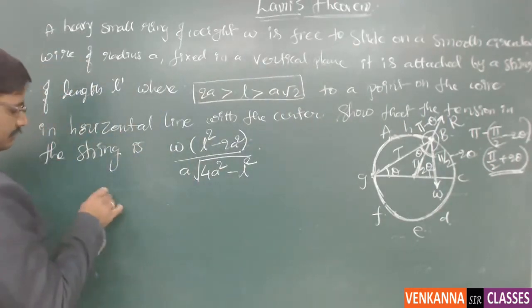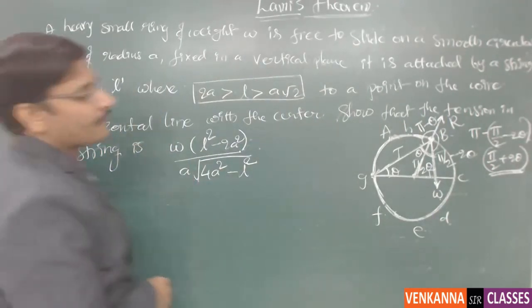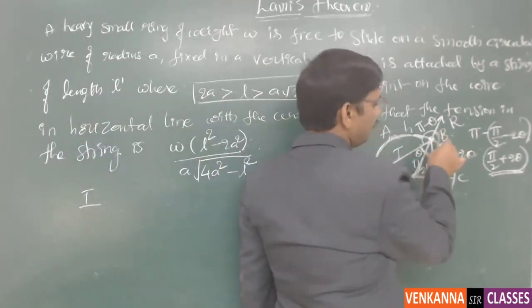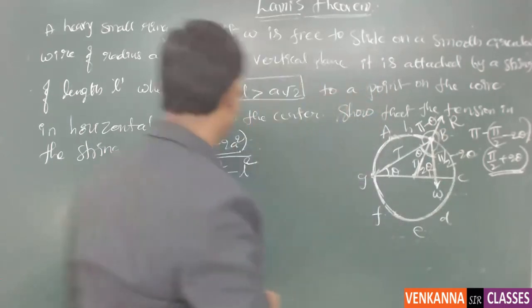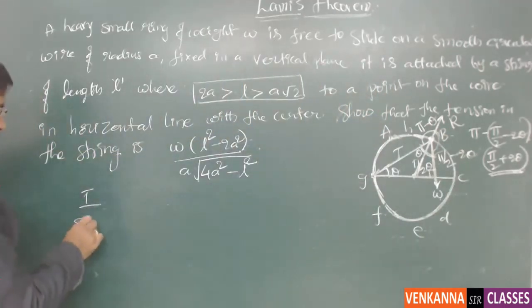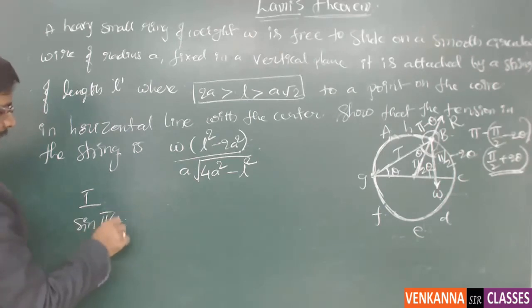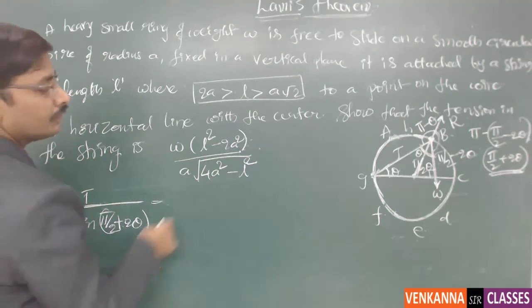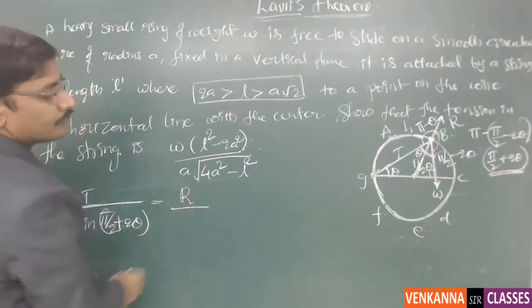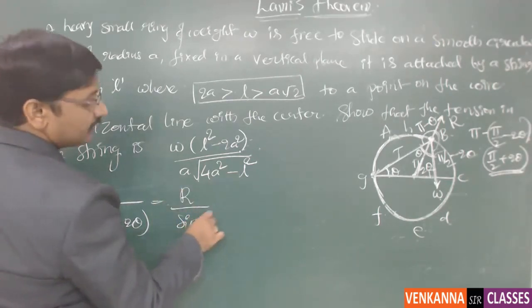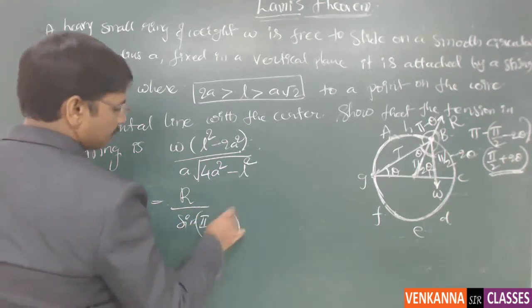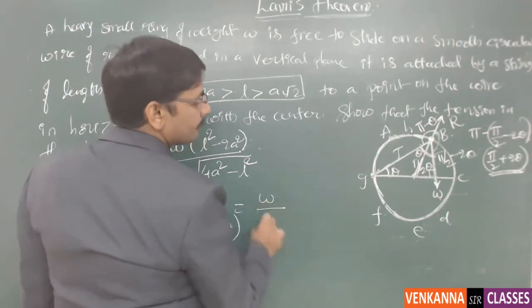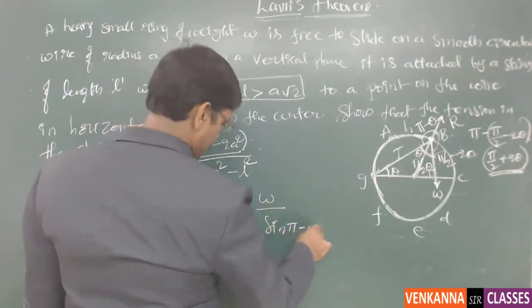Lami's theorem states that T by sine of its opposite angle, which is pi by 2 plus 2 theta, is equal to R by sine of pi by 2 minus theta, is equal to W by sine of pi minus theta.